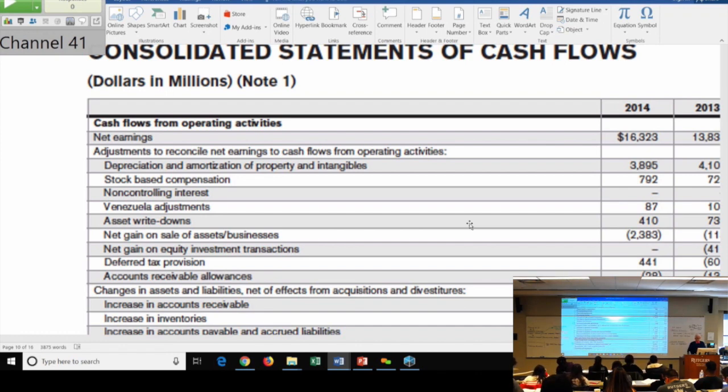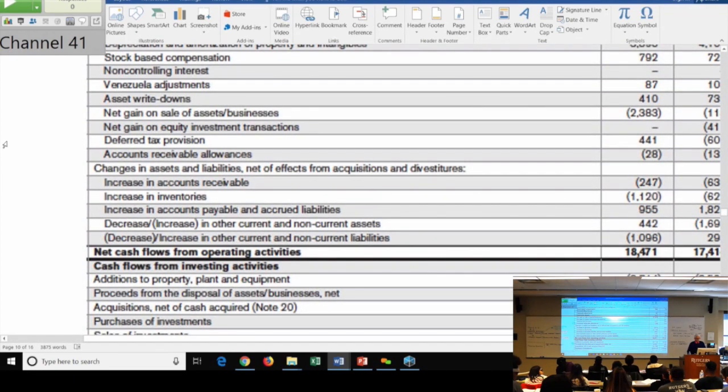And then you go into the second part of this, which is the changes in the operating working capital accounts. So that's section number 2. And changes in operating working capital will be accounts receivable goes up, sales you didn't collect, you subtract them.